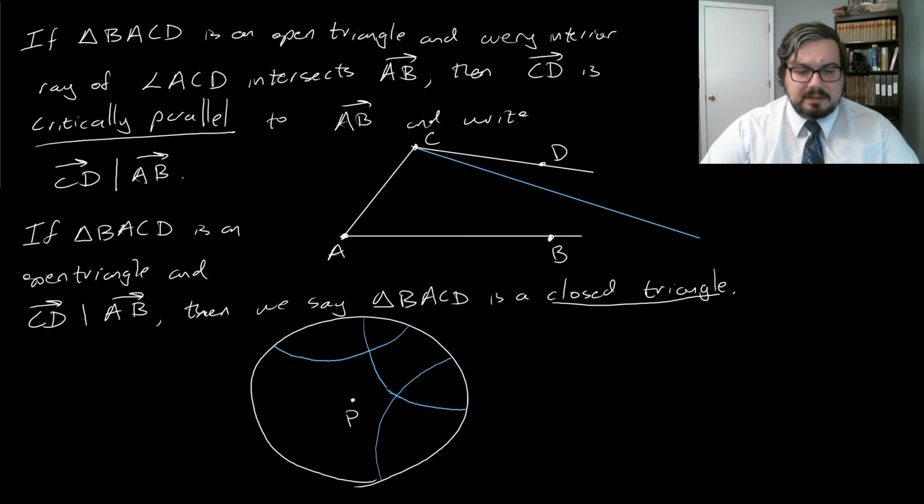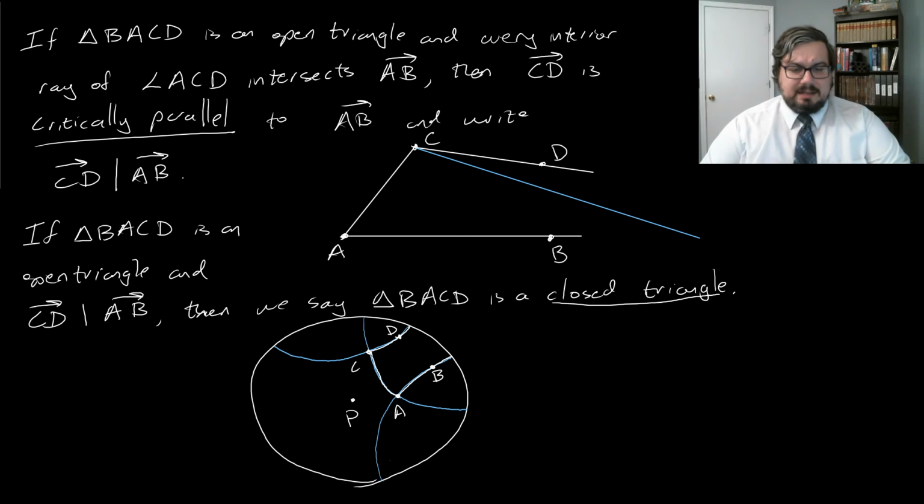And if we have this set up, then, for instance, we could look at the points B, A, C, D, and then the union of these, the segment AC and the rays AB and CD, is an example of an open triangle.